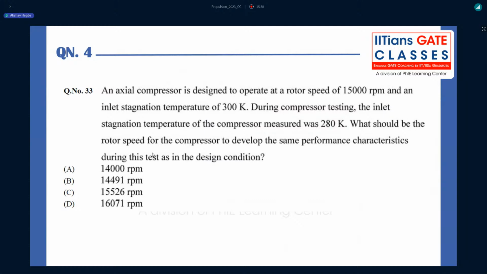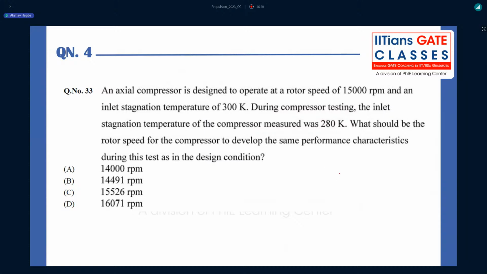So now if I want to compare the exact performance characteristics, we know that any fluid mechanics problem can be addressed either through an integral approach or through a differential approach. The third one is through dimensional analysis. So this comes under the dimensional analysis category, right?